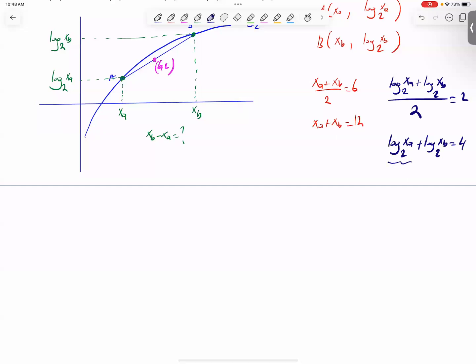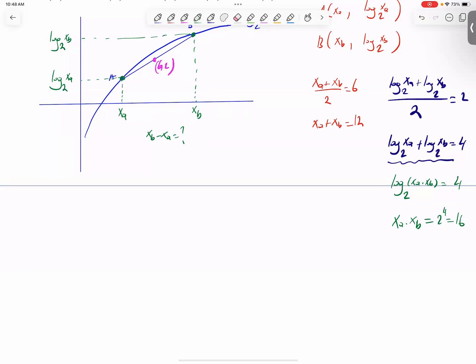Then we can write this in a single log, the product rule applied. So log xa times xb in base 2 equals 4. And if we apply the definition of logarithm, the product of the coordinates xa times xb is equal to 2 to the power of 4, which makes it 16.